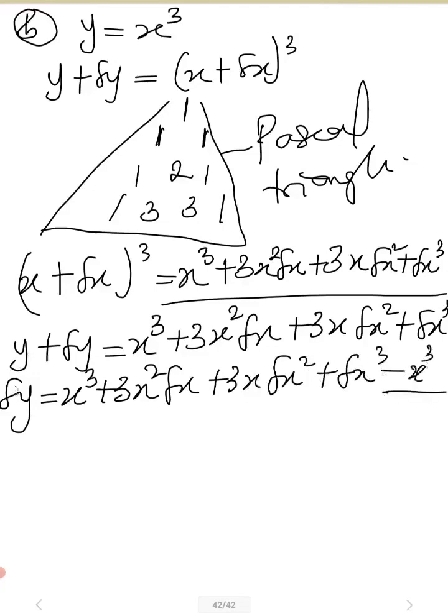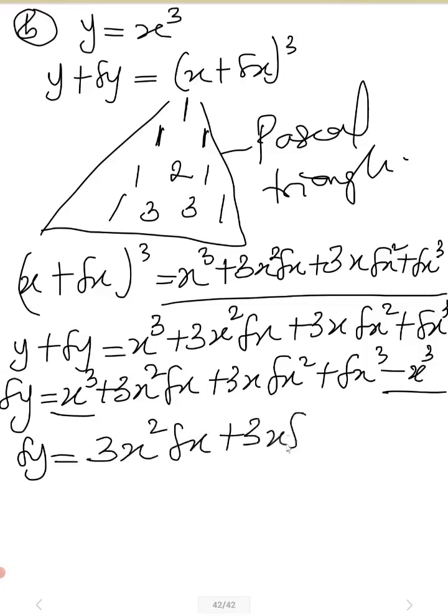So you also notice something from here: minus s cube plus s cube, you have dy is equal to 3s squared dx plus 3x ds squared plus the x cubed. So what you need is dy over dx.